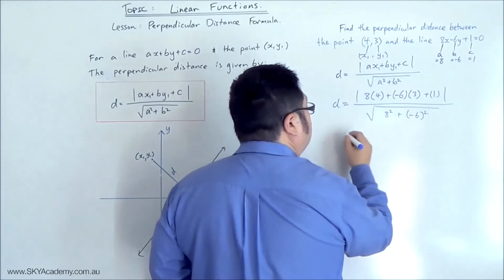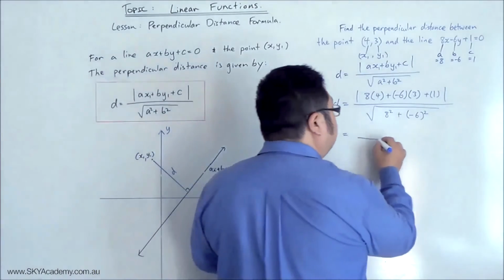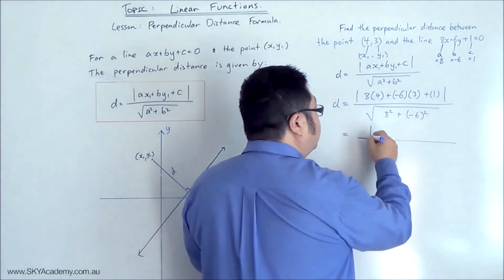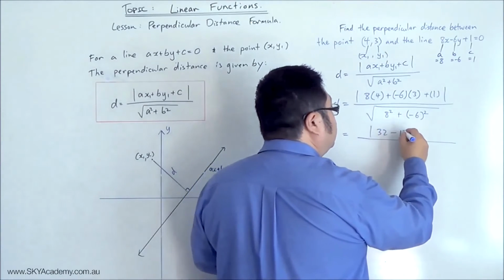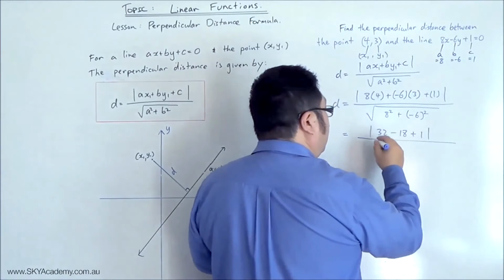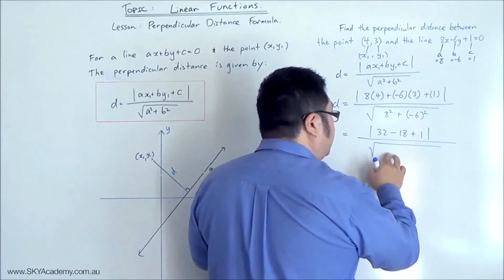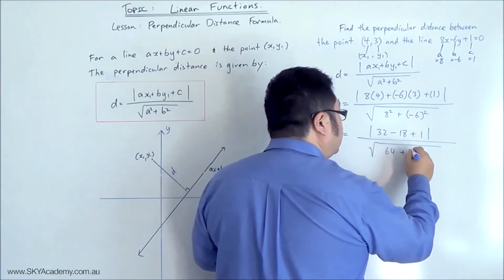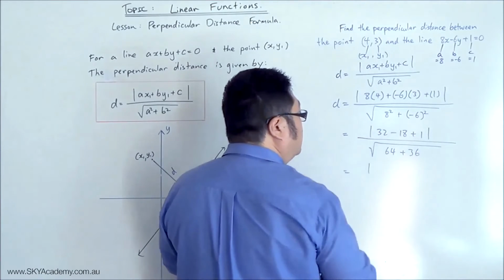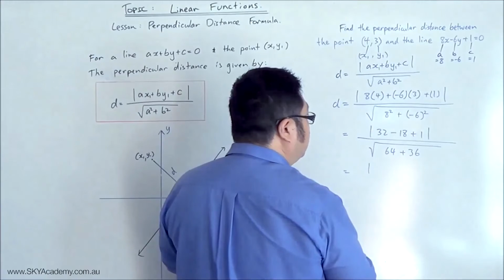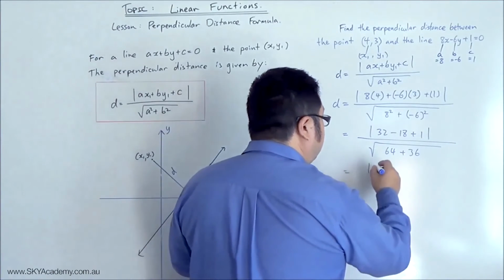It's probably easy to just put in your calculator, but I'm just going to work it out. It is the absolute value of 32 minus 18 plus 1, all over the square root of... no, sorry, what am I doing? 64 plus 36, and the absolute value of 32 minus 18 plus 1 is 15.